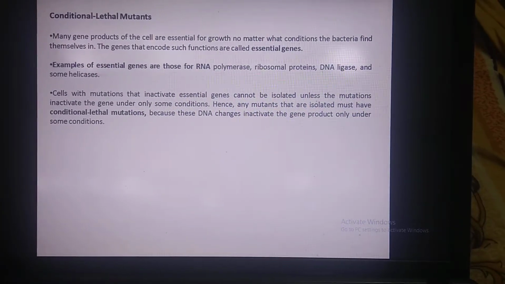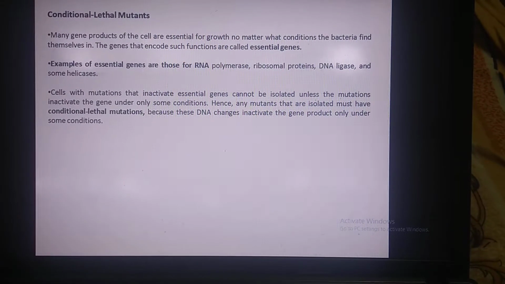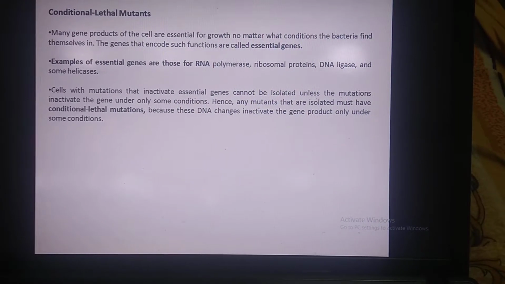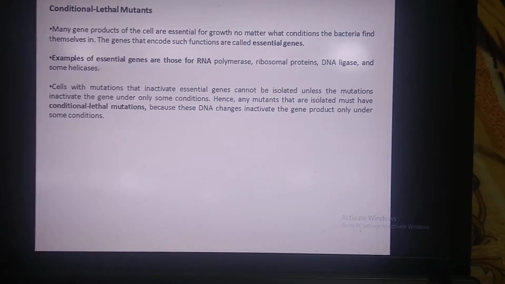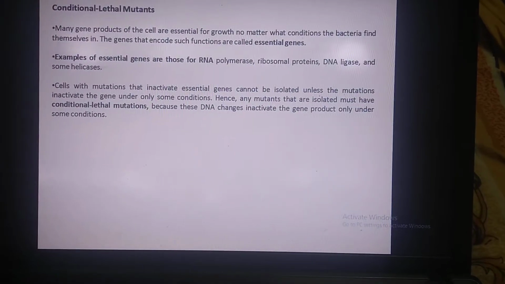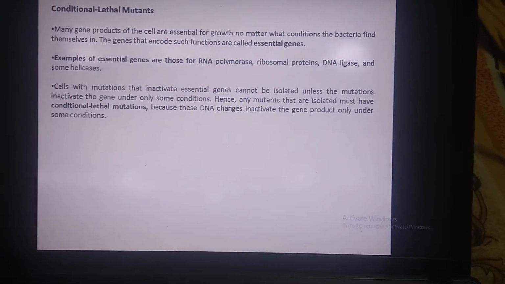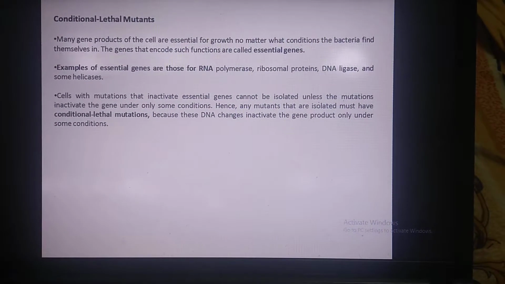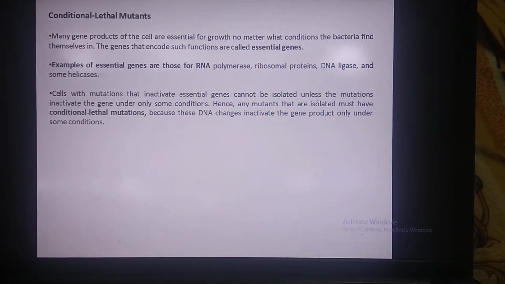So this is the lethal mutation. If there is a lethal mutation, you cannot really isolate the mutant strain because the mutation will kill it. So in molecular biology and genetic study, we use conditional lethal mutants. What are those?